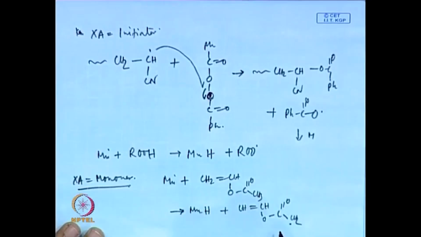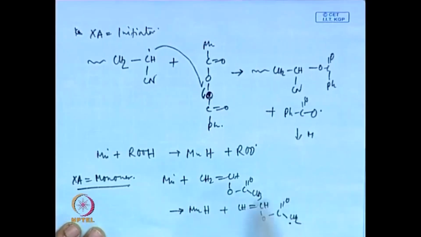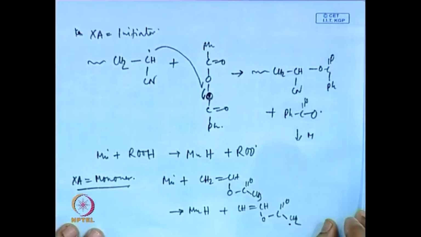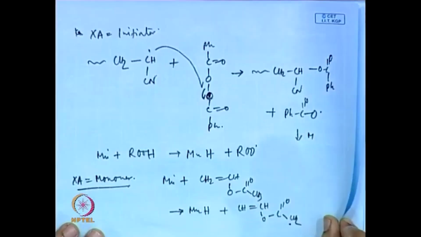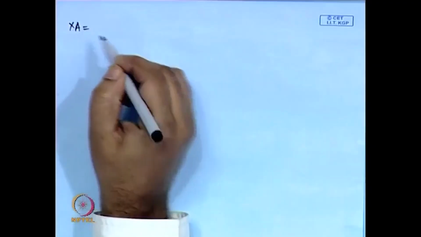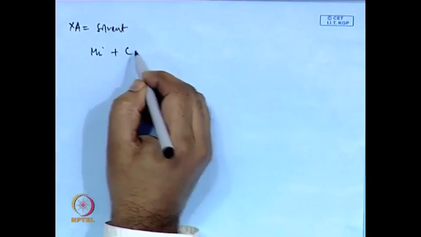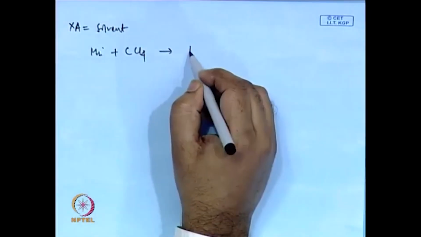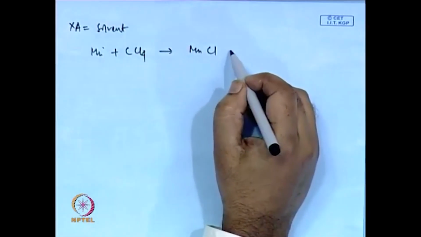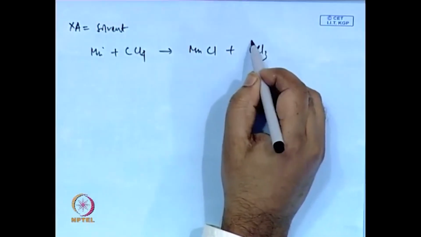This is an example where you are getting a chain transfer by the monomer itself. Examples where XA is solvent: if I take carbon tetrachloride, then it can take up a chlorine and form CCl3 dot.